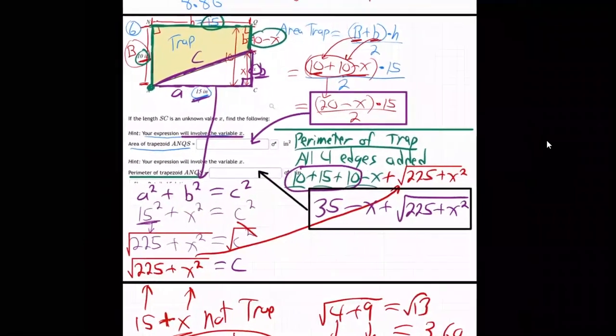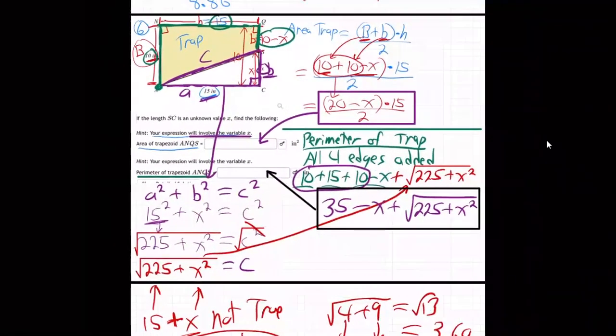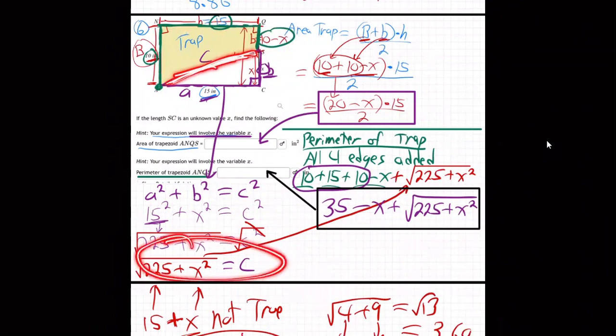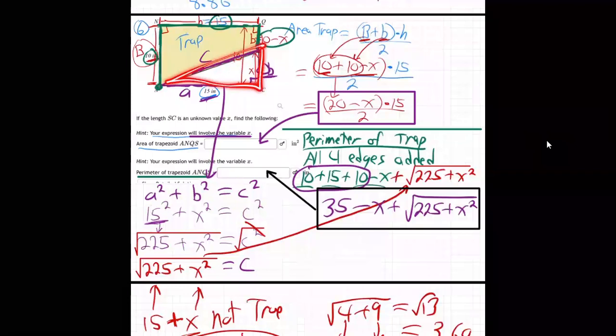Does that make sense how we found the perimeter of that trapezoid? I just had to do all 4 edges, and 3 of them were easy, 10, 15, and this one we already had, 10 minus x. The C was the 4th edge. And we had to do a whole bunch of work to find C. We had to set up a right triangle, a squared plus b squared, so 15 squared plus x squared, which is 225 plus x squared, and then square root it to turn c squared into regular c.